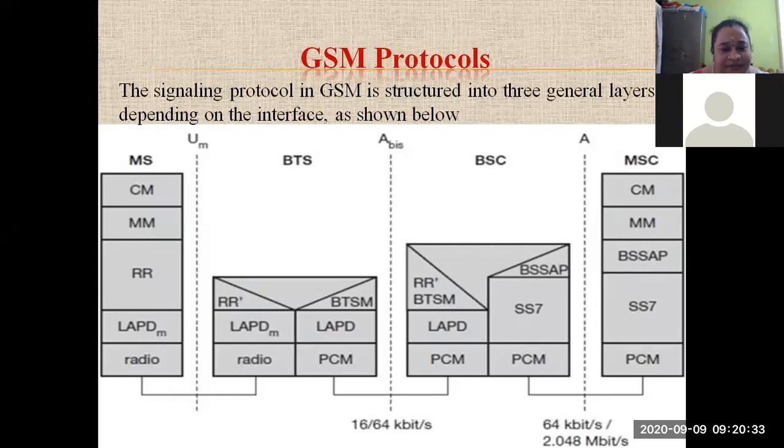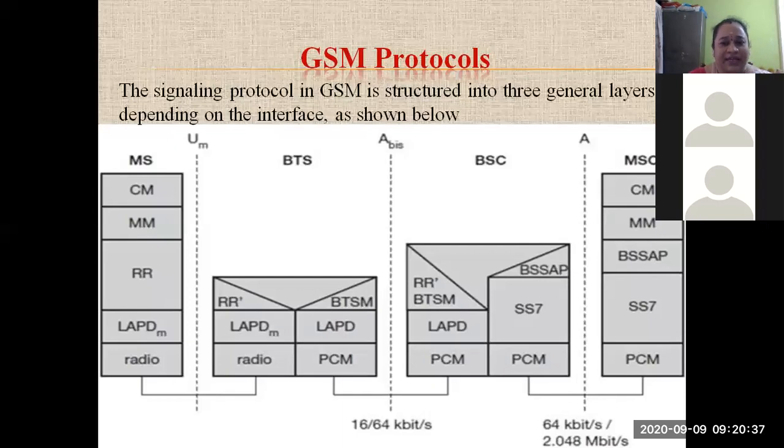Various services we have seen, like teleservices, bearer services, and also the supplementary services which help the bearer and the teleservices.